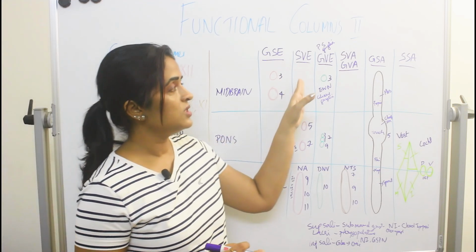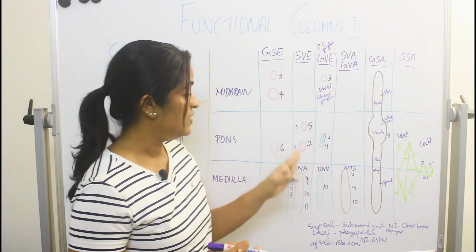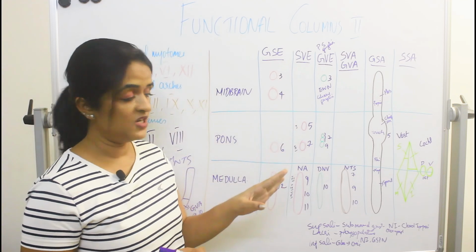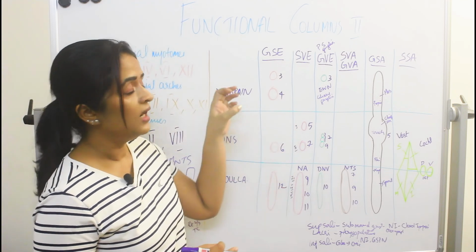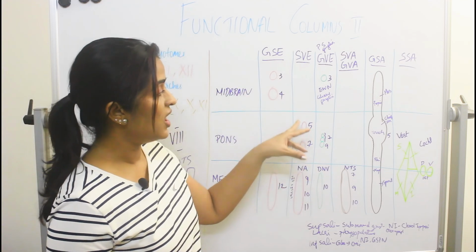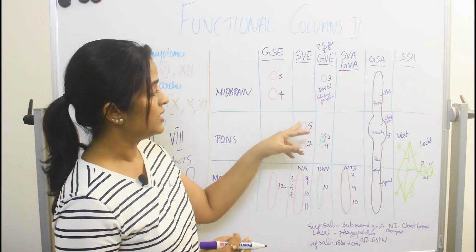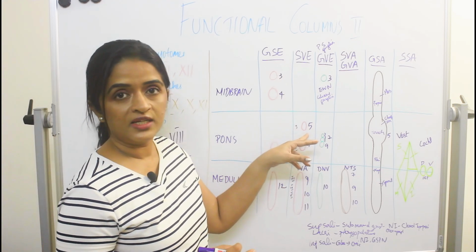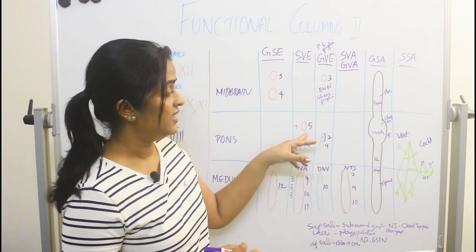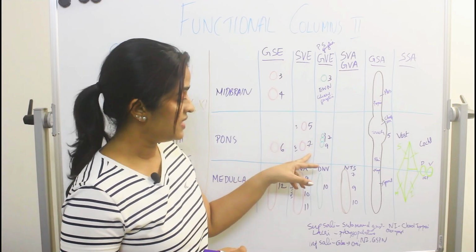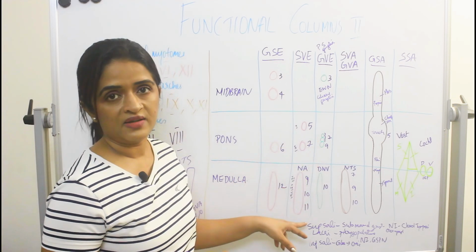Now the next column is special visceral efferent. Special visceral efferent means the nuclear components which deal with the derivatives of the branchial arches. Okay, so you have the nuclei of the 5th nerve, 7th nerve, and 9, 10, 11th nerve.